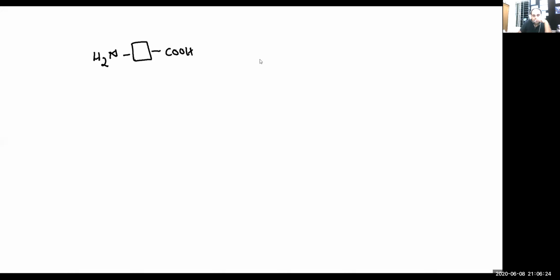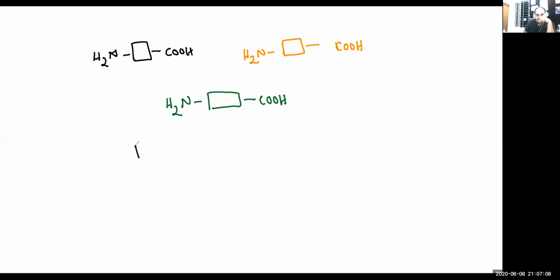And then we have, okay, so now we'll draw these 3 side by side. So a black amino acid, an orange amino acid.